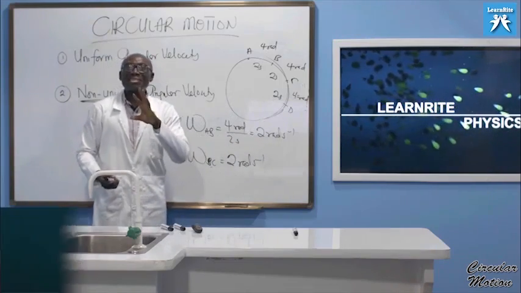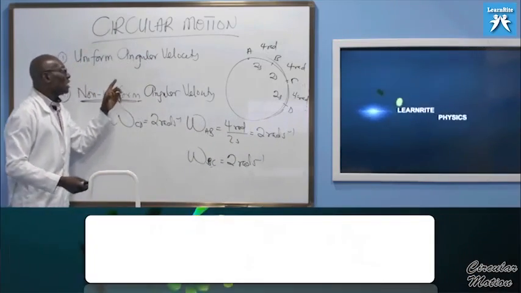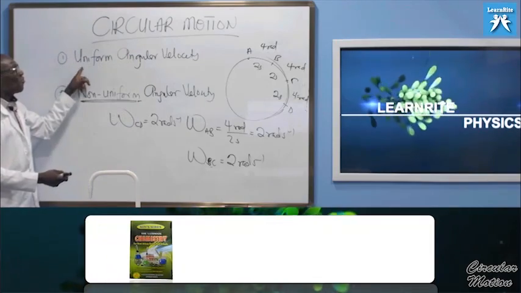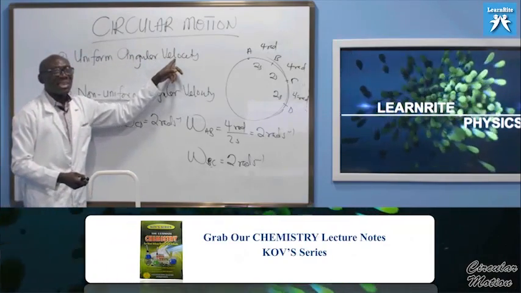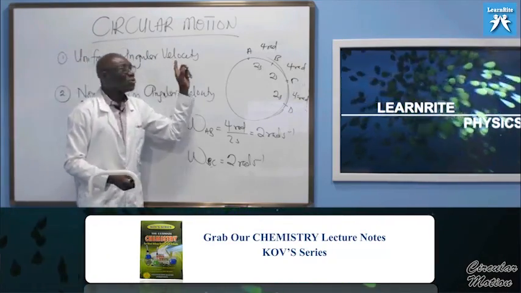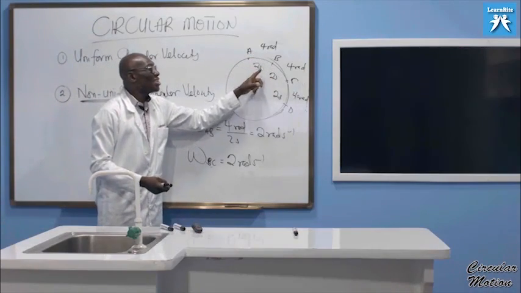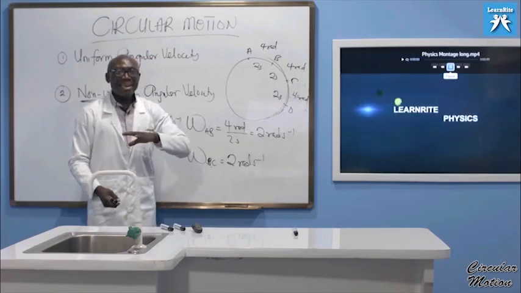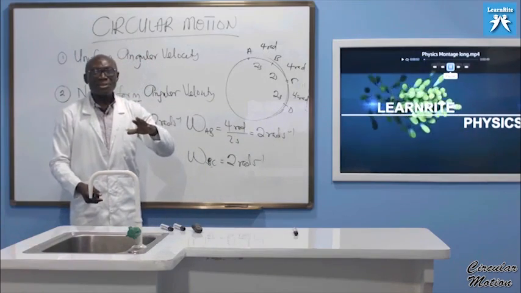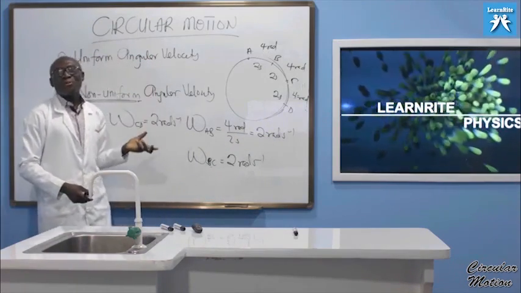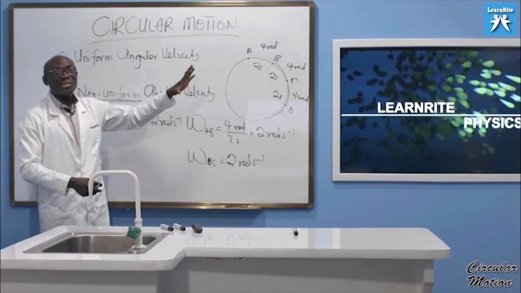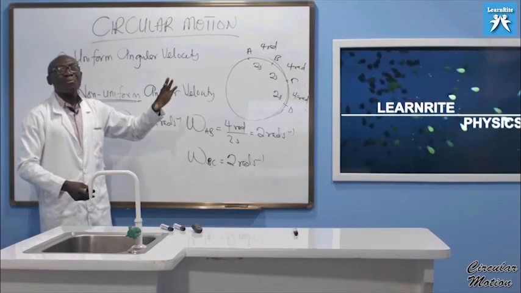And therefore one can say that a body is also said to have a uniform angular velocity if the body moves through equal angular displacement using equal times. Anything short of this will make it non-uniform.